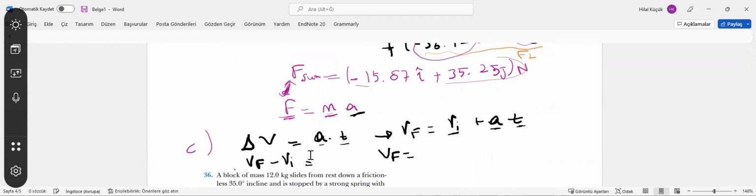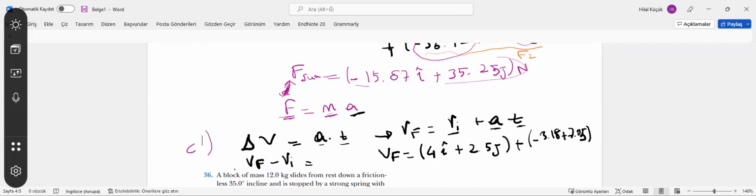V final will be, what's the initial part? Initial will be that one plus 2z, plus what's the A will be, I will take from here and just write quickly. Minus 3, 5 z.